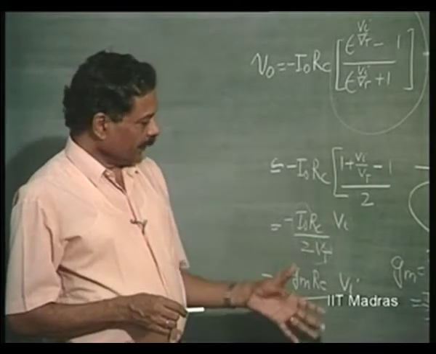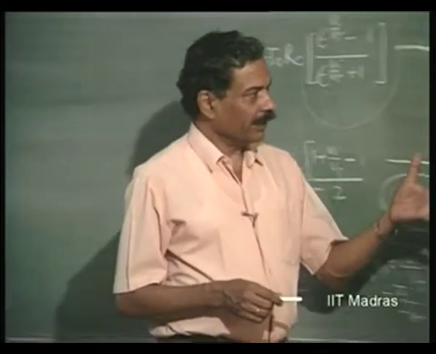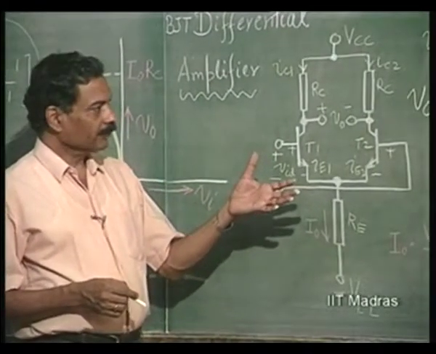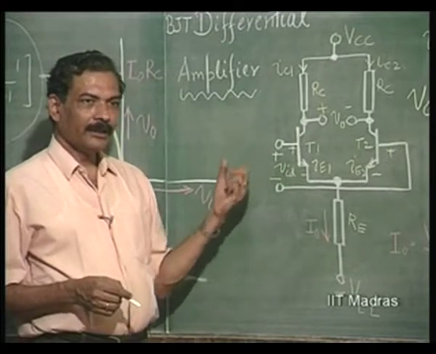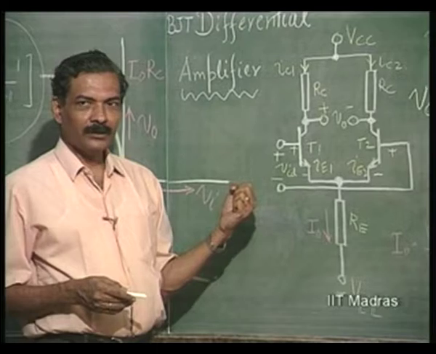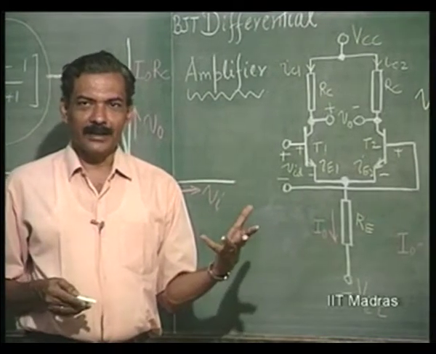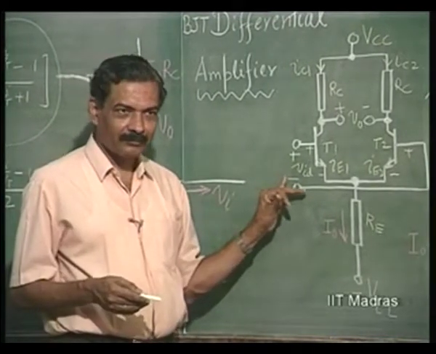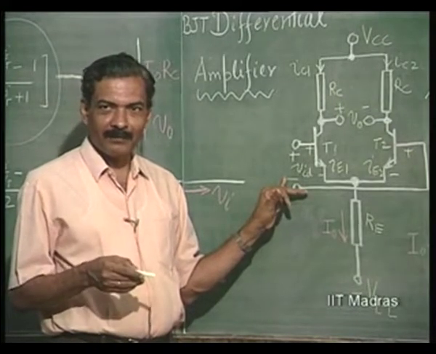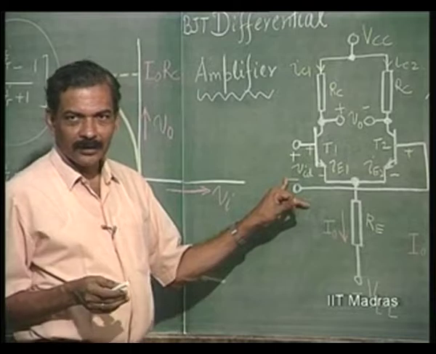However, here we can see that the tan hyperbolic nonlinearity results in only what kind of harmonics at the output? Only odd harmonics exist at the output if I apply a sine wave. Whereas in the case of a common emitter amplifier, all harmonics are invariably present.